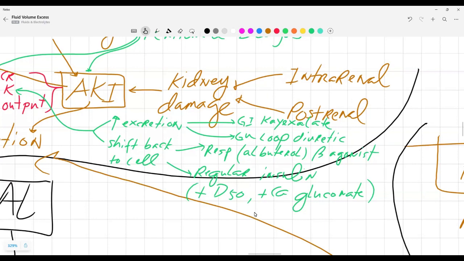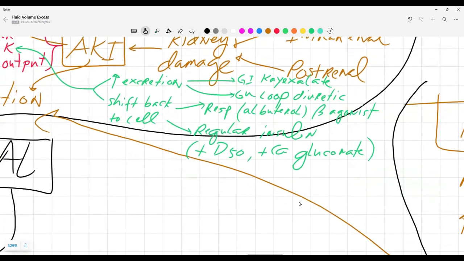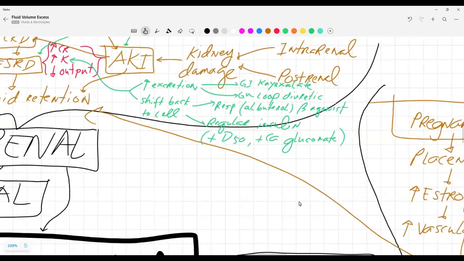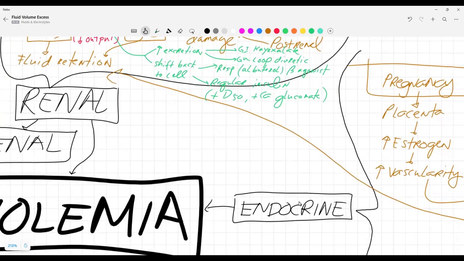In order for us to prevent the adverse reactions from that, we are giving D50 to prevent hypoglycemia, and we are giving calcium gluconate to prevent hypocalcemia, because again, once that insulin receptor is open to receive back the potassium, then it's also going to receive back glucose and calcium. So we want to make sure that the patient has enough reserve of that so as not to have the adverse effect.